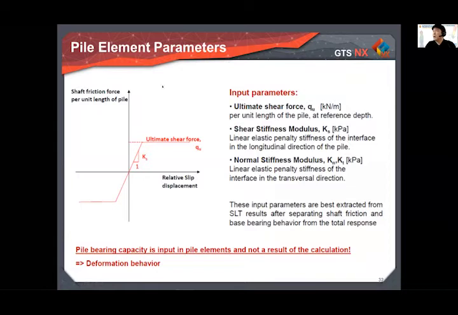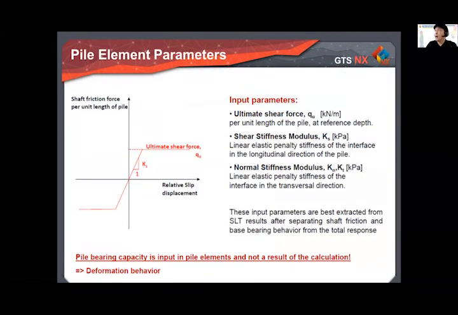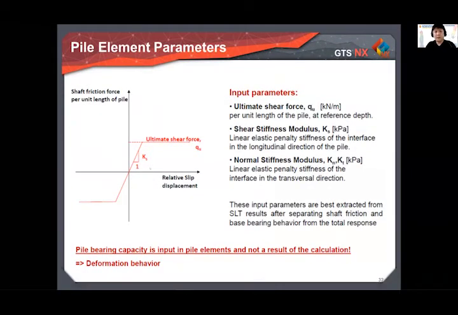So again, this slide explains what I explained in the previous slide. Again, the ultimate shear force in this graph is the maximum value of the curve. You can obtain this value from, for example, a pile test in the field.